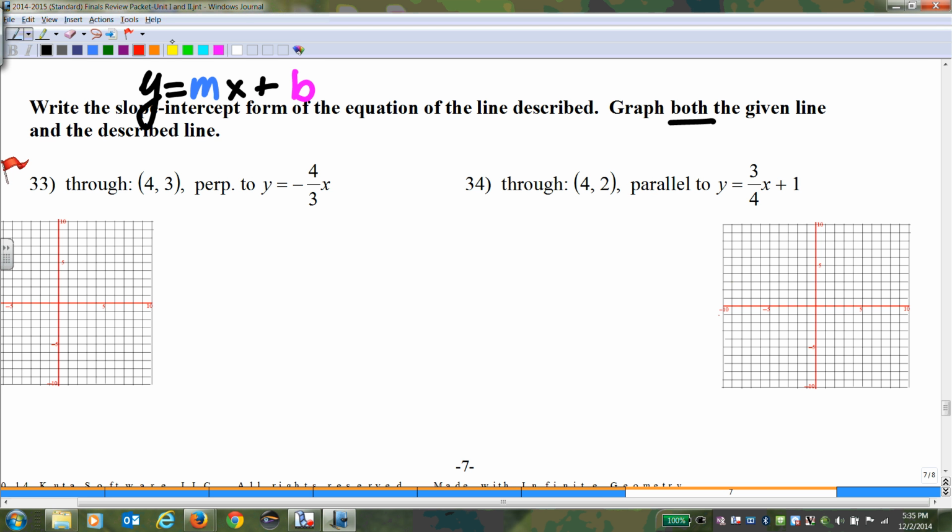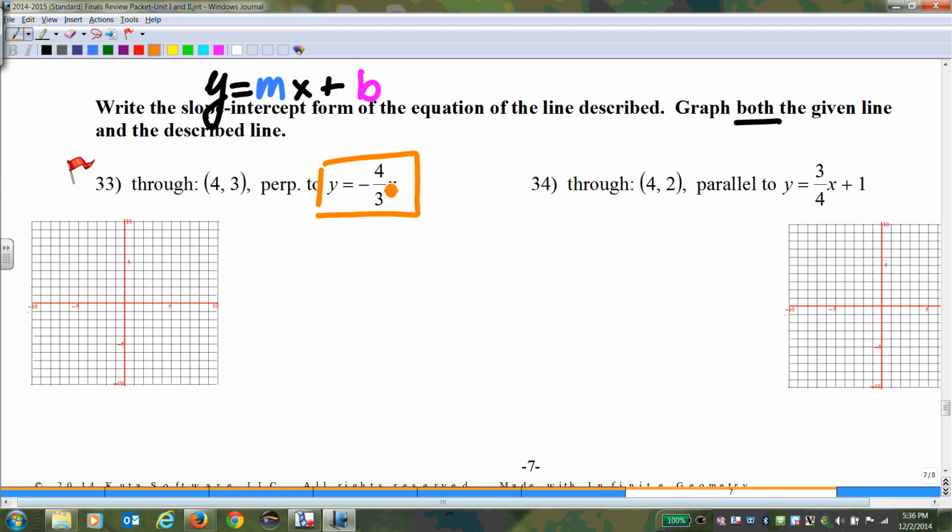So step number 1, I'm going to graph this given line. So technically there's a 0 here. So starting at 0, we know it's going to go down from left to right. Why do I know that? Because that's negative. So I'm going to go rise 4, 1, 2, 3, 4.